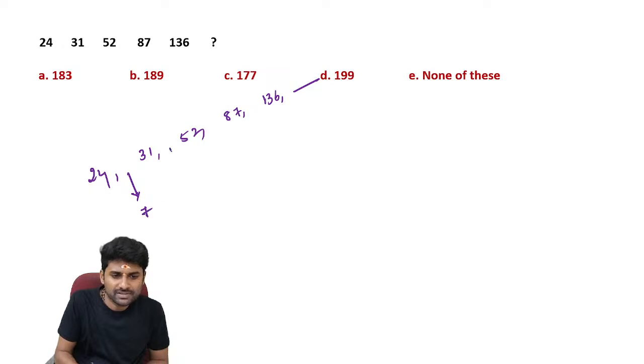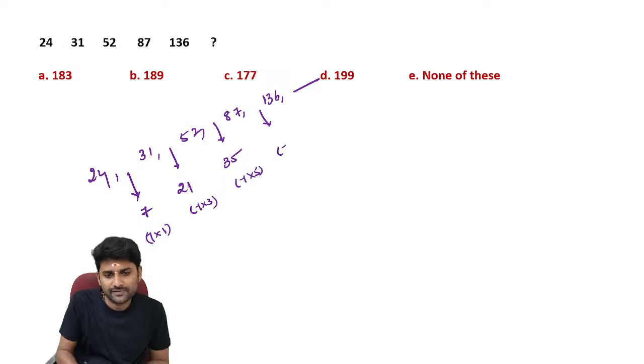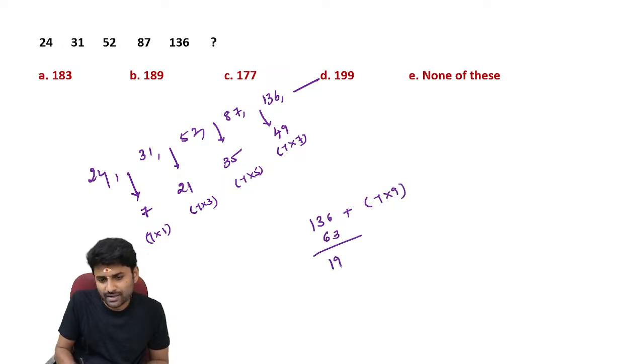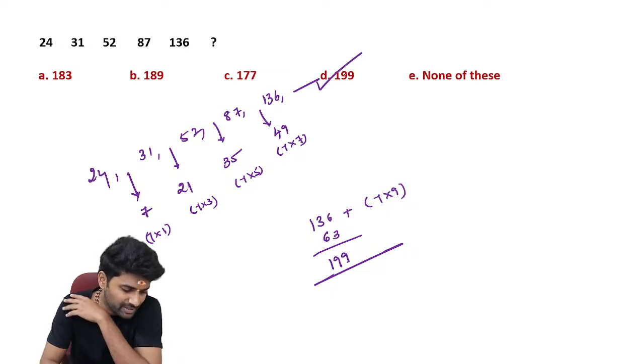So 7 units. Difference is exactly 21 units. If the difference is 35. If you observe that it's all about the 7 multiples. 7 into 1. 7 into 3. 7 into 5. So definitely here the difference is 7 into 7 is 49. So finally we are going to add 7 into 9. 7 into 9 is 63. So answer 199. So 199 should be replaced in that question mark.